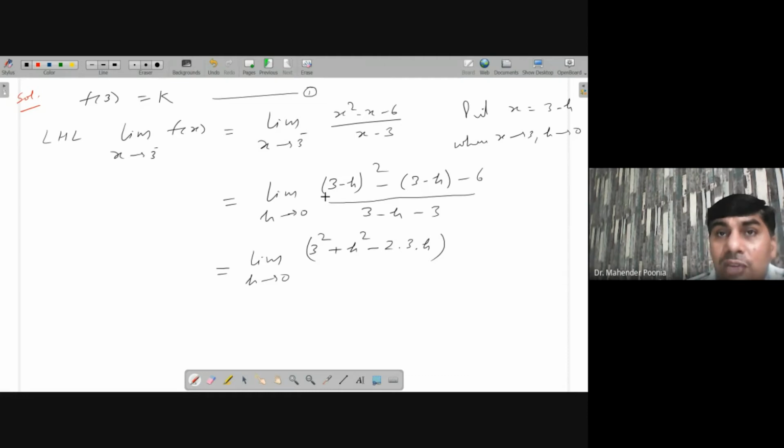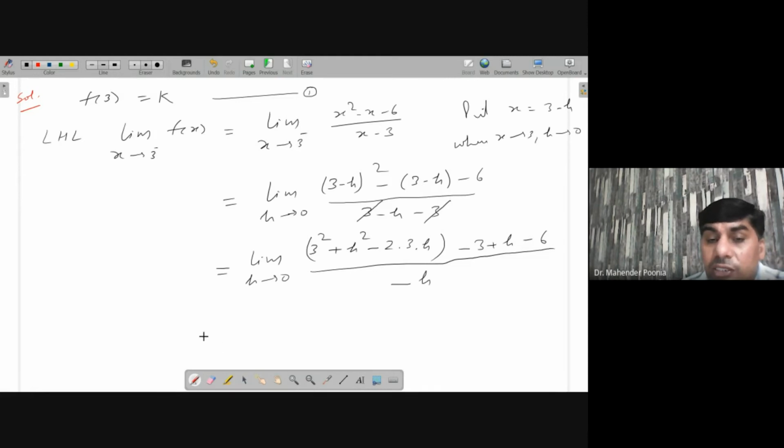In place of a we write 3, and in place of b we write h.